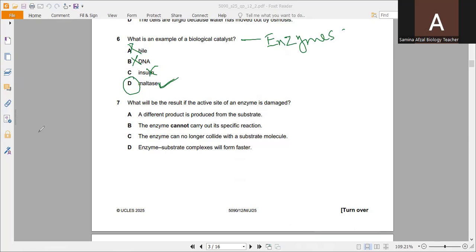Now, question number 7: what will be the result if the active site of an enzyme is damaged?